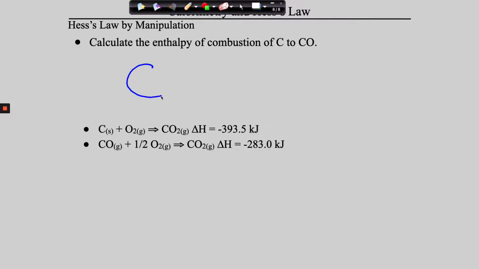Carbon, do this with me, to carbon monoxide. Is that okay? So in order to do this, we need some oxygen. I want to leave myself a little more room. So to do this, we need some O2. We need some O2.